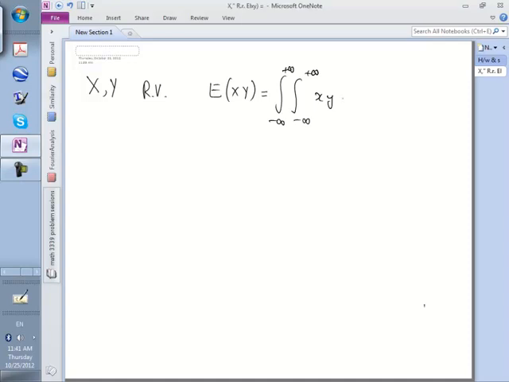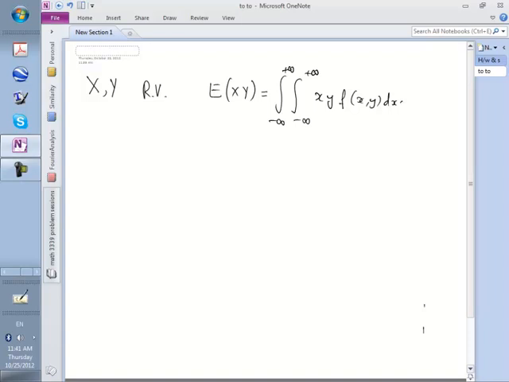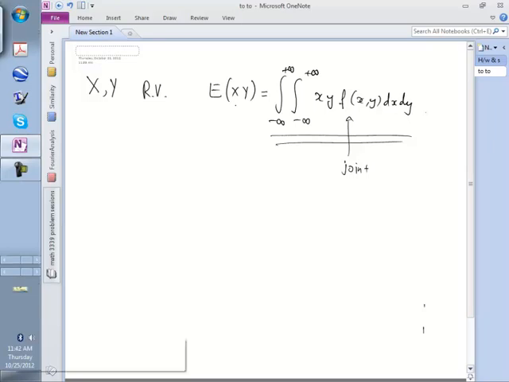This will be X times Y times the joint density of the two functions. This is the joint density. Whenever I want to calculate the expected value of a function that involves both X and Y, mixes X and Y, pretty much like their sum or their product, then I use this particular integral.